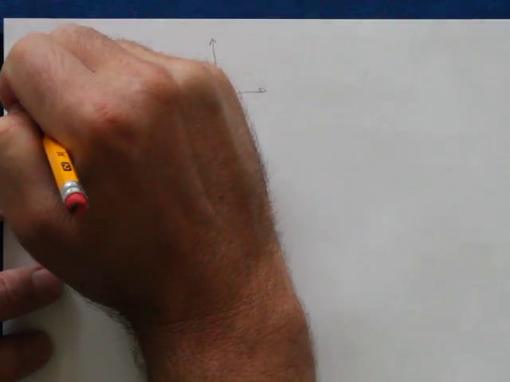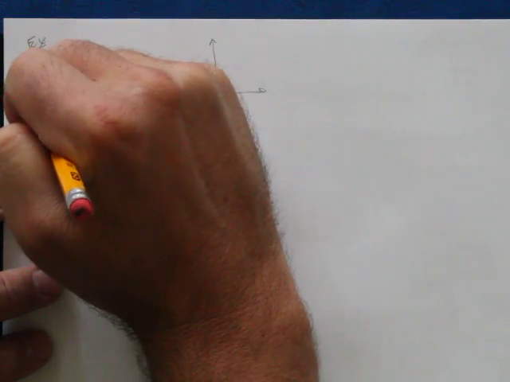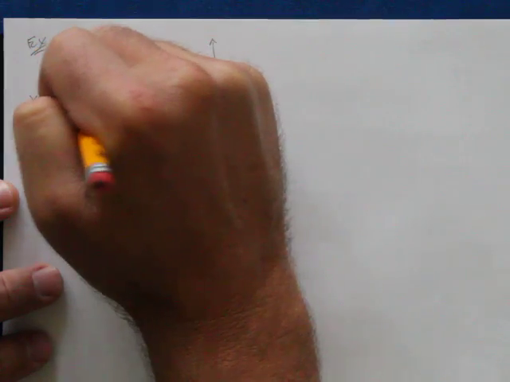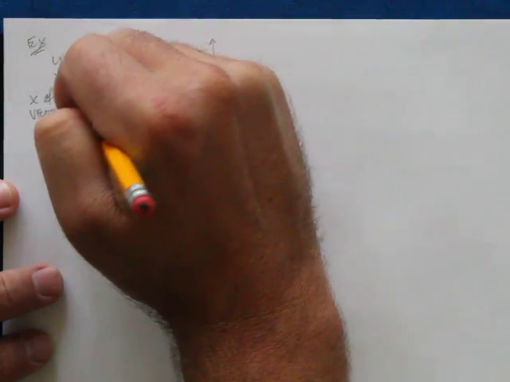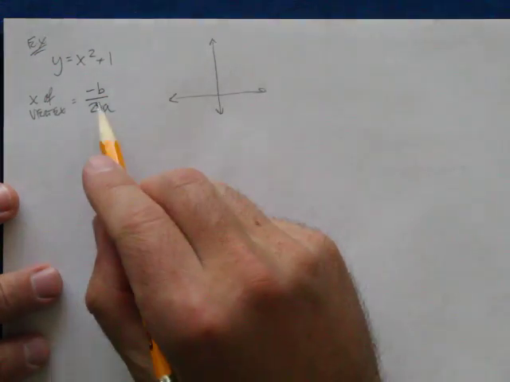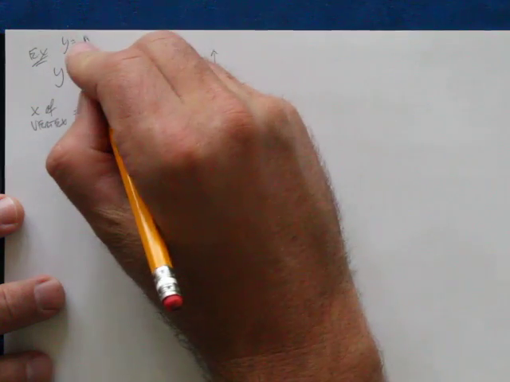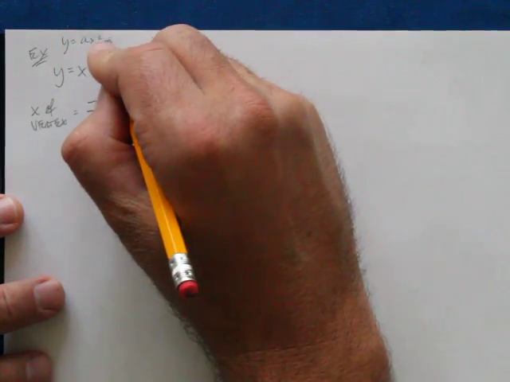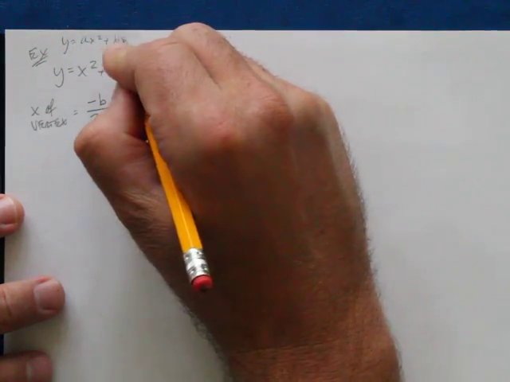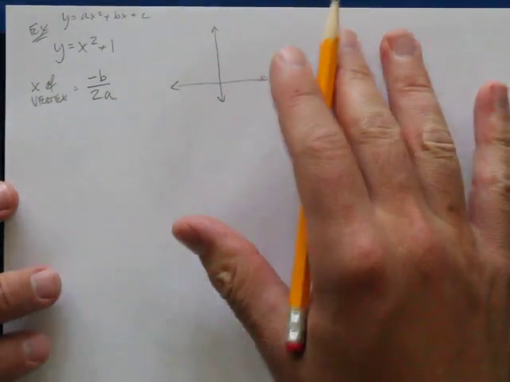Okay, so let's find the x value of the vertex is -b over 2a. Now, what does this mean? If I have y equals ax squared plus bx plus c, that's where those are coming from.